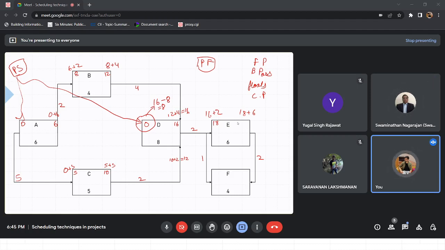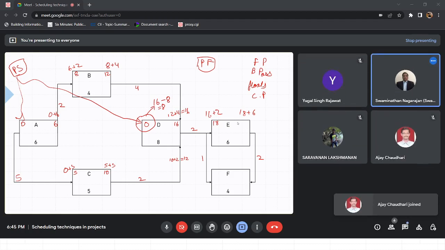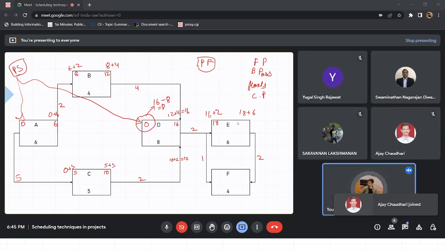That means we are not worried about when that starts. Whenever that starts, we just want it to finish with other activities. And if we are talking about the earliest start, this is forward pass, so the earliest value we can have is 0. Correct, sir. So we'll always keep this in mind.